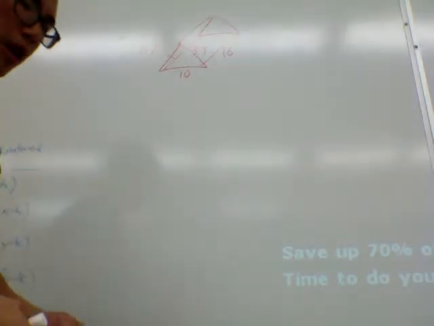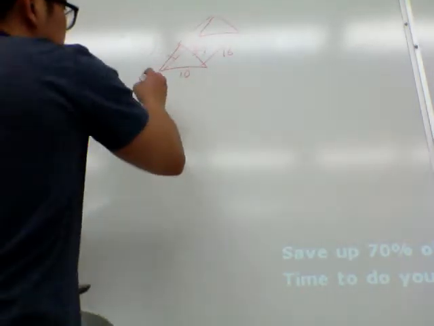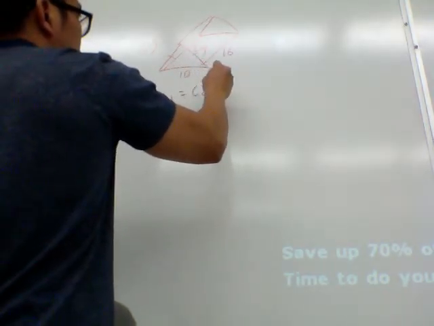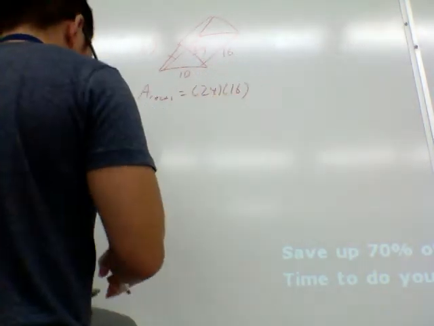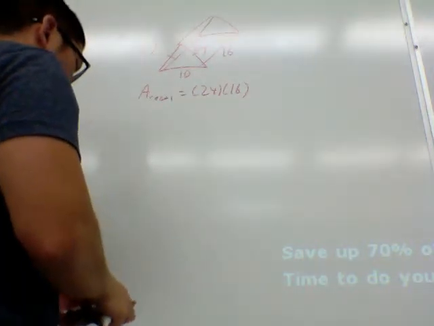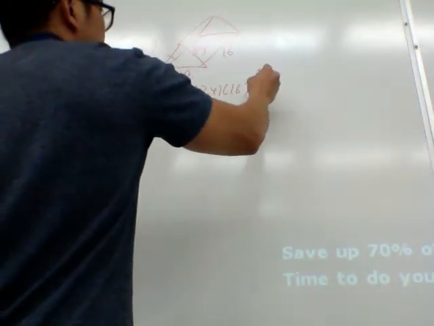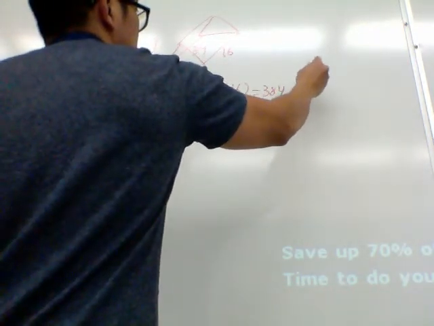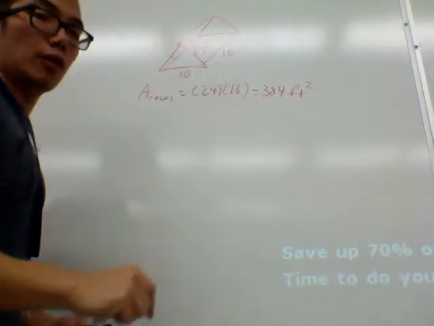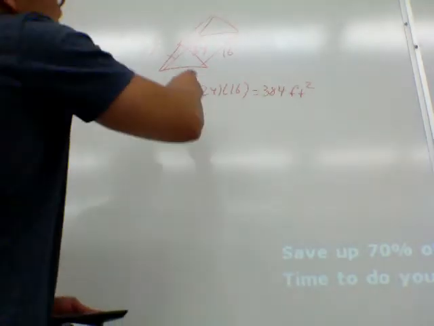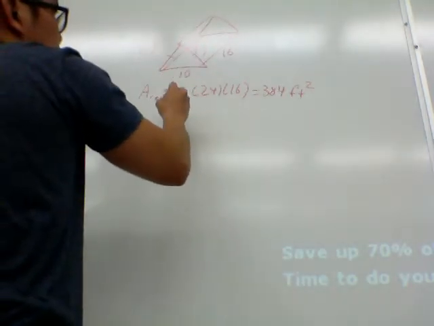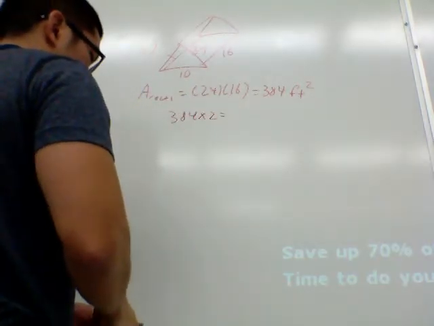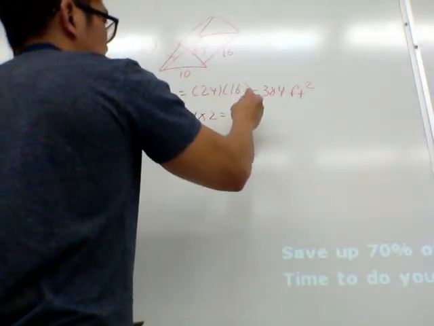My first rectangle is going to be 24 times 16, which is equal to 384 feet squared. I have 2 of those rectangles since this is 24 and that's 24, so it's 384 times 2, and that gives me 768 feet squared.